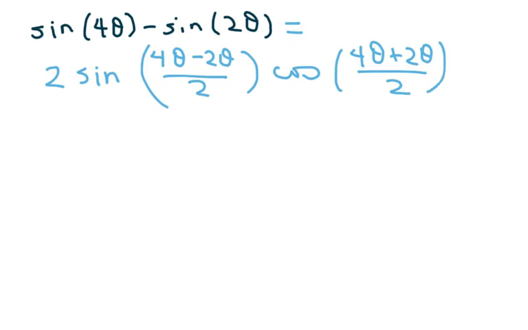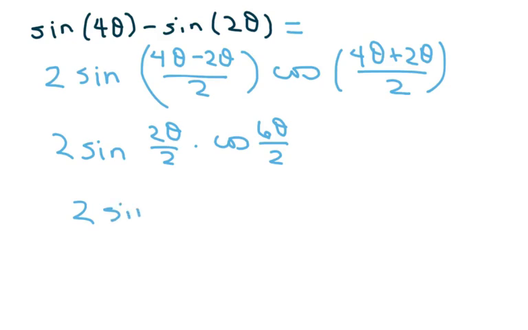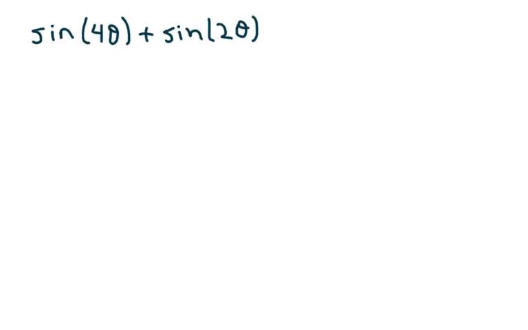And when you simplify this, we get 2 sine of 2 theta over 2 times cosine of 6 theta over 2, which equals 2 sine of theta times cosine of 3 theta. Okay, very simple. We have 7 more to go, and here's one with a plus instead.